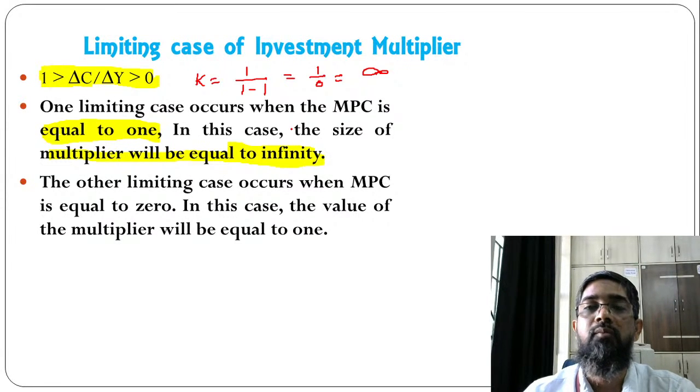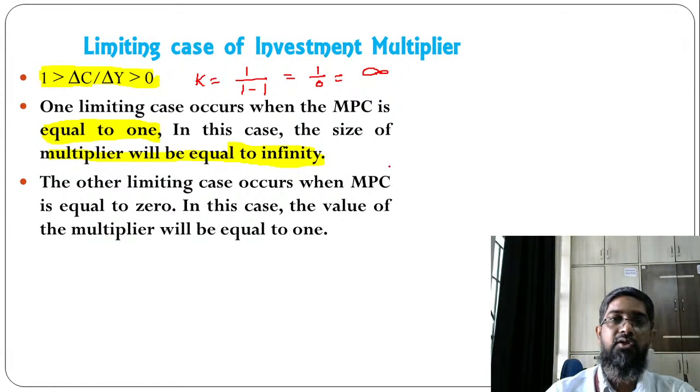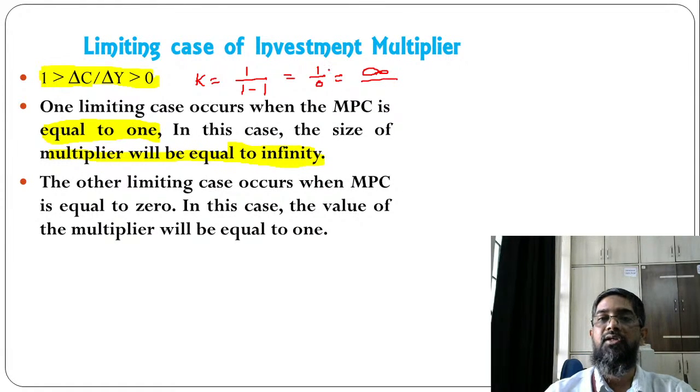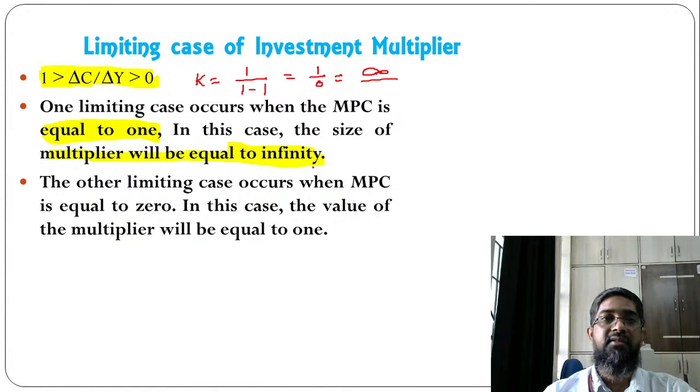This is a simple mathematical principle. Any number divided by 0 will give you infinity. And 0 divided by any number will give you 0. Not in this case, it will not be 0.